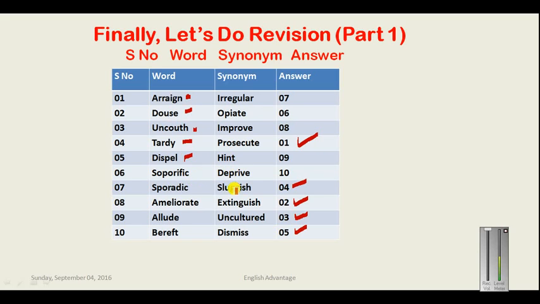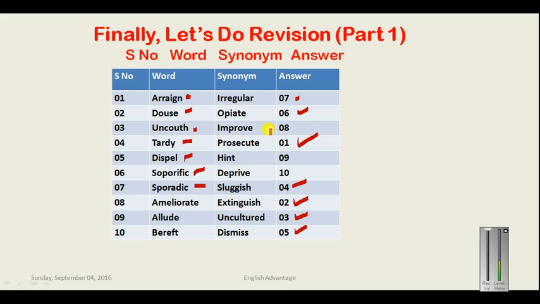Soporific, soporific means something that makes you sleep, and that is opiate. Sporadic, something that is irregular. Okay, sporadic. Ameliorate, this word I have taken from my last video tutorial.